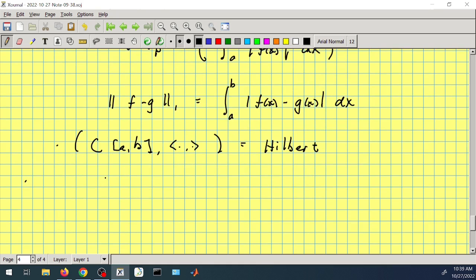But if we use any of the other infinite number of positive integers p, and we use any norm besides p equal 2, so we'll put a little 2 here, we get a Banach space. Now, yes, if p equals 2, it's still a Banach space. Every Hilbert space is a Banach space, but most of the Banach spaces are not Hilbert spaces.